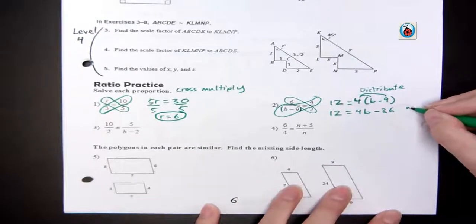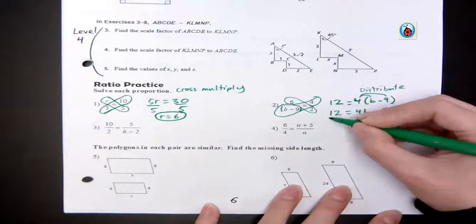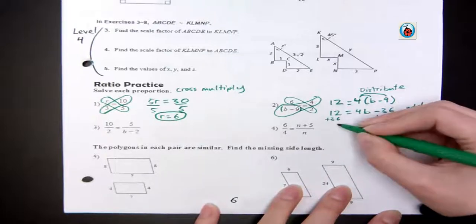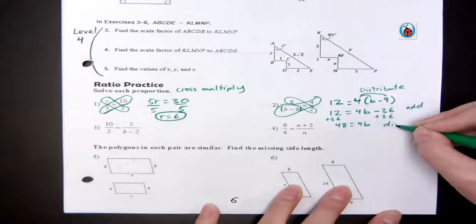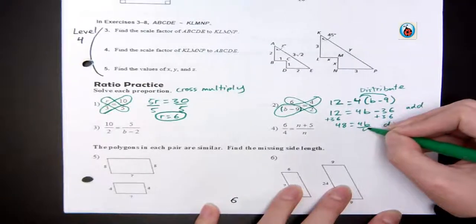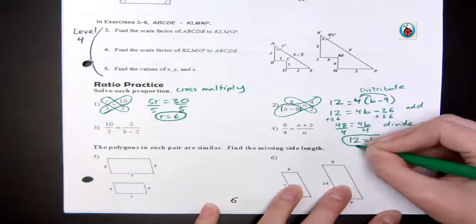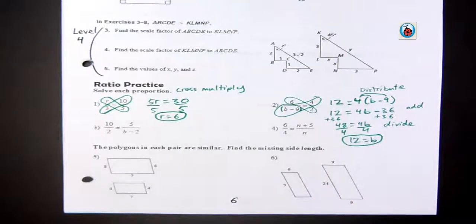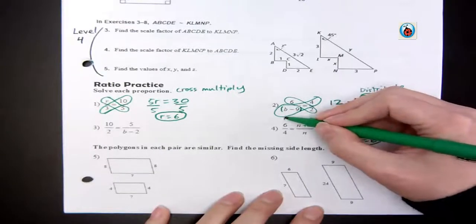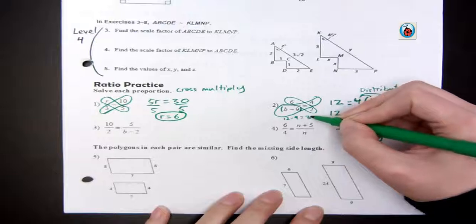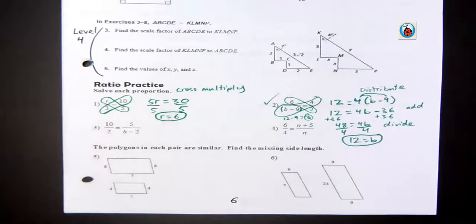Then I'm going to do my add step to move that negative 36 away from the b. That gives me 48 equals 4b. Now I can do my divide step to get 12 equals b. If I want to check, I can do 12 minus 9 equals 3. And yes, 6 over 3 is the same as 4 over 2. That checks.